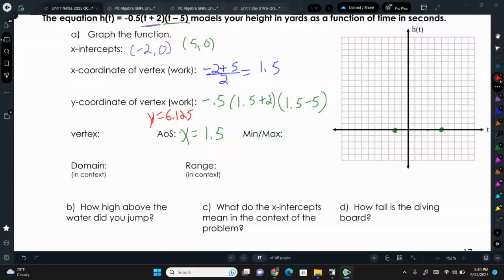So that means our vertex is 1.5 comma 6.125, which is a maximum value at 6.125.